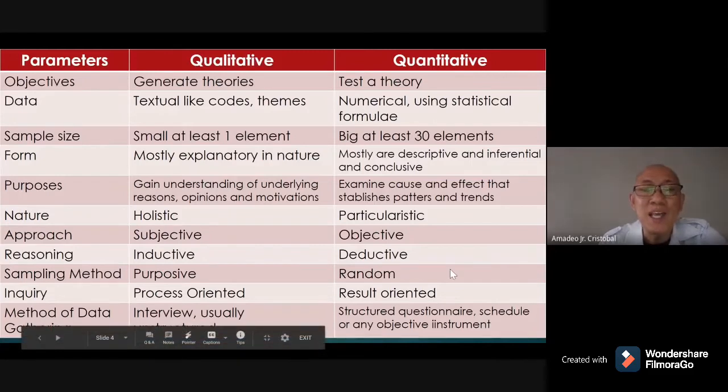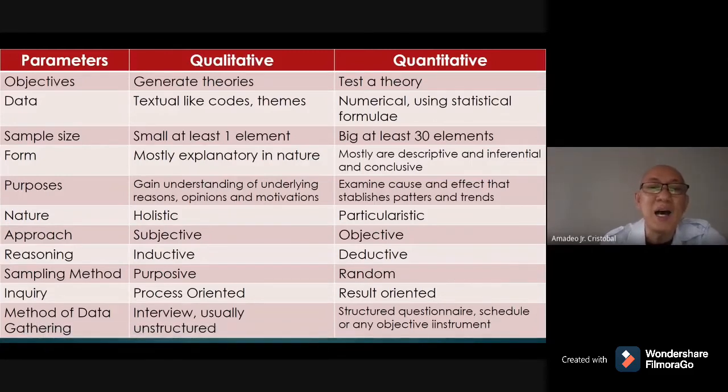While in quantitative, we are looking into cause and effect, which of course establishes patterns and trends. Why patterns and trends? There are patterns and trends because there are many participants, at least 30, that you are going to ask about a certain question. So we can establish patterns and trends in 30 individuals.